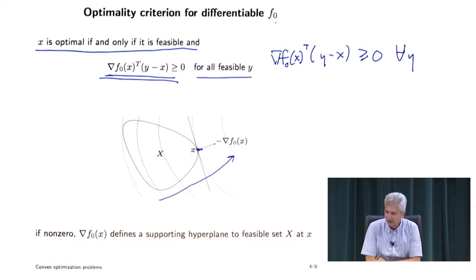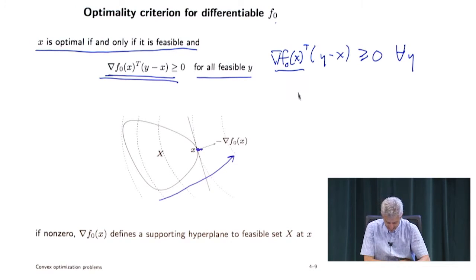Well, I don't know. Let's figure it out. Make the gradient identically 0? That would work if the gradient were identically 0. In fact, that's the condition. That's if and only if the gradient is 0. Why is that? Well, if the gradient weren't 0, I could suggest a y. That ends the story right away.